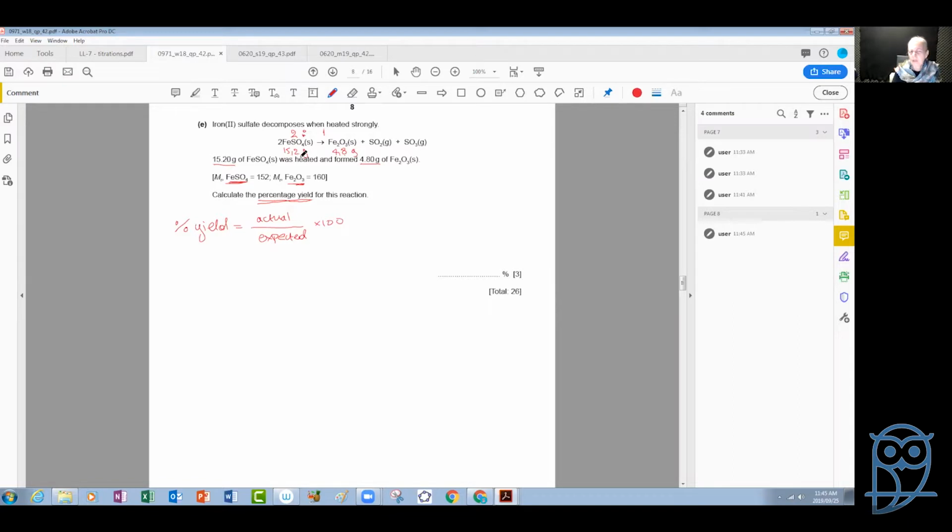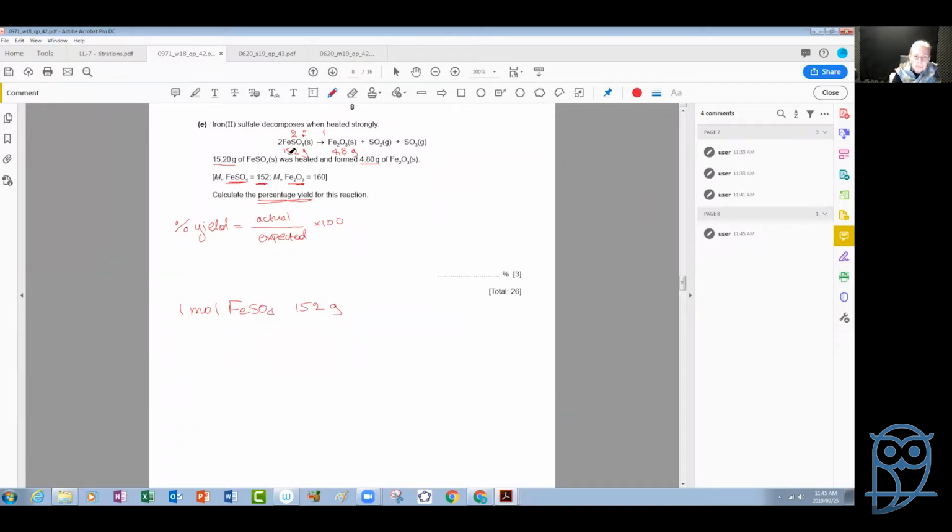So we need to find how many moles of iron sulfate this 15.2 gram represents. So we know that 1 mole of iron sulfate has a mass of 152 grams, because this is the relative formula mass of iron sulfate.